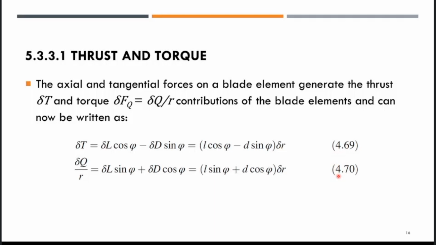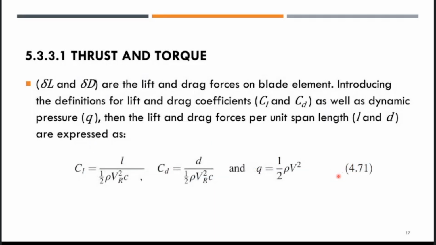There are a lot of equations in this particular subject. The small changes of the lift and the drag, delta L and delta D, are the lift and drag forces on the blade element. Okay, introducing the definitions for lift and drag coefficients, CL and CD, as well as the dynamic pressure, and the symbol used here is q, then the lift and drag forces per unit span length, L and D, can be expressed for the respective components.